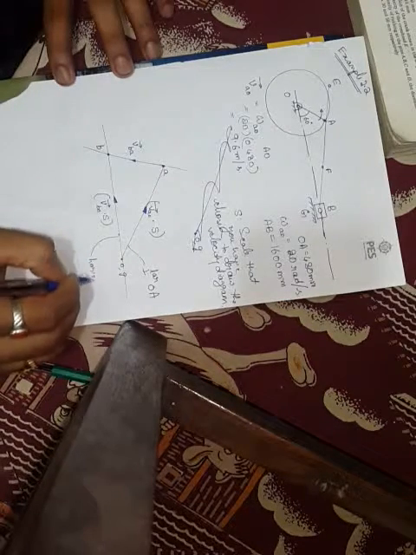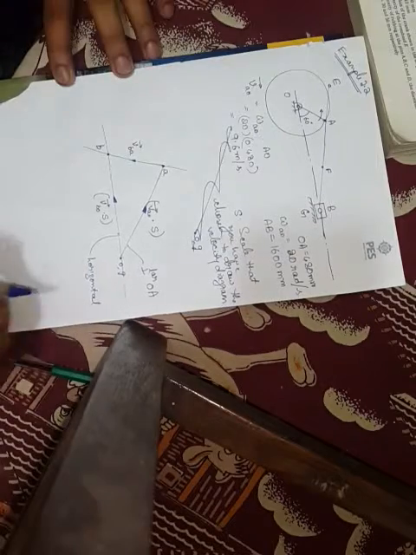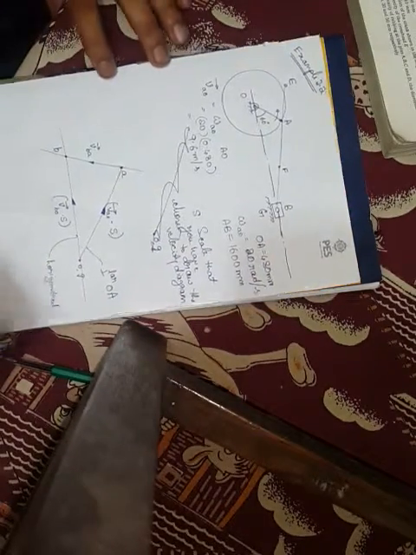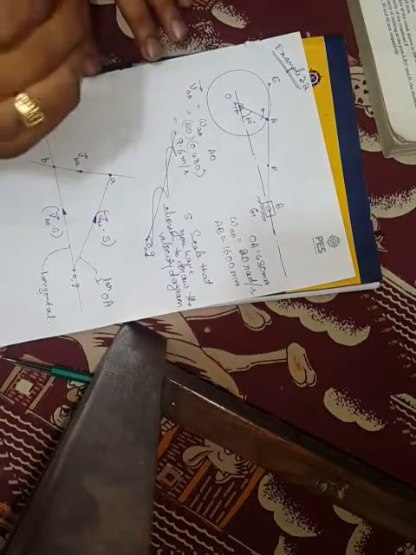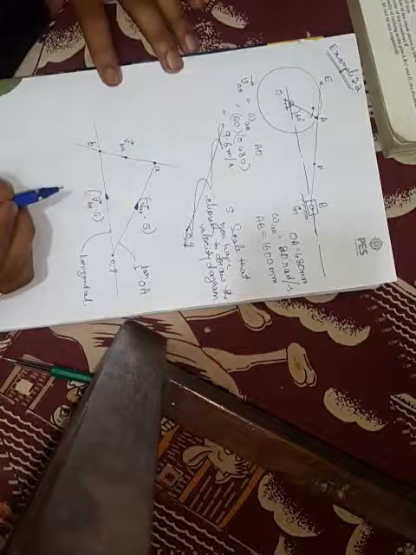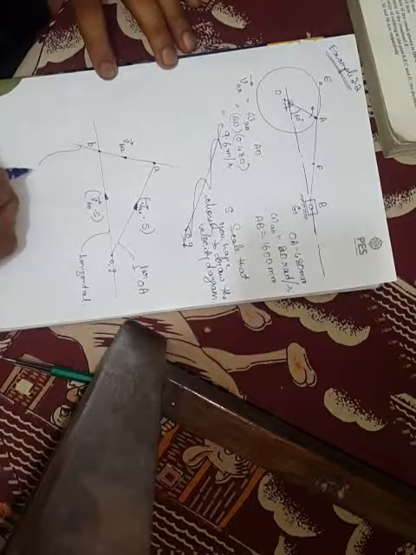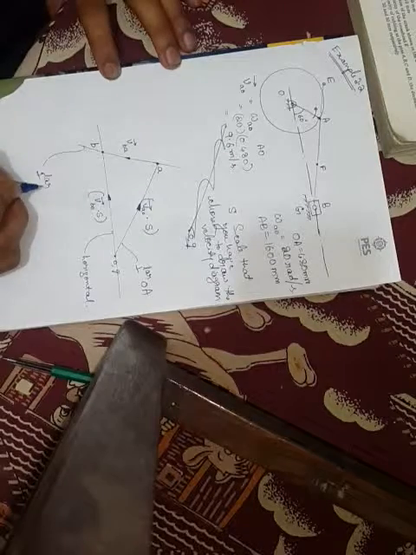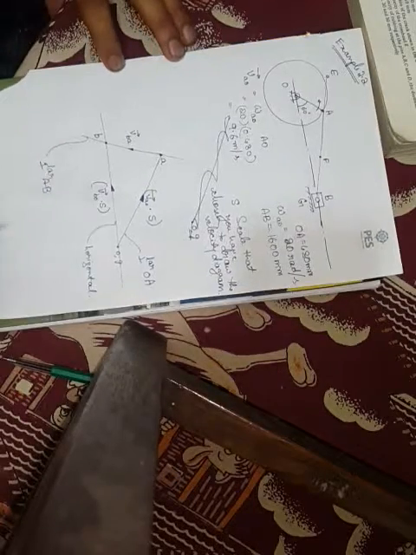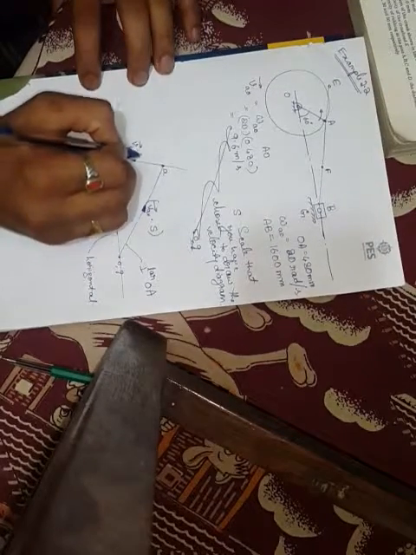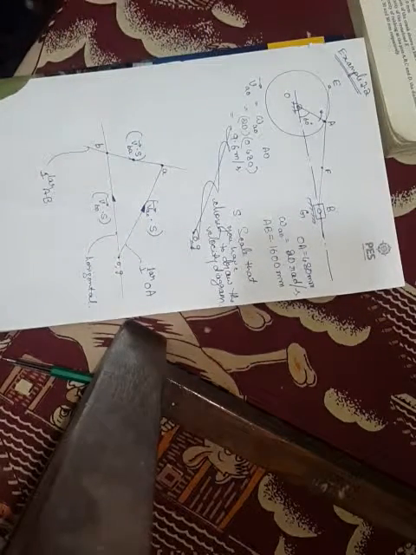This is horizontal, and this is perpendicular to AB, times the scale.